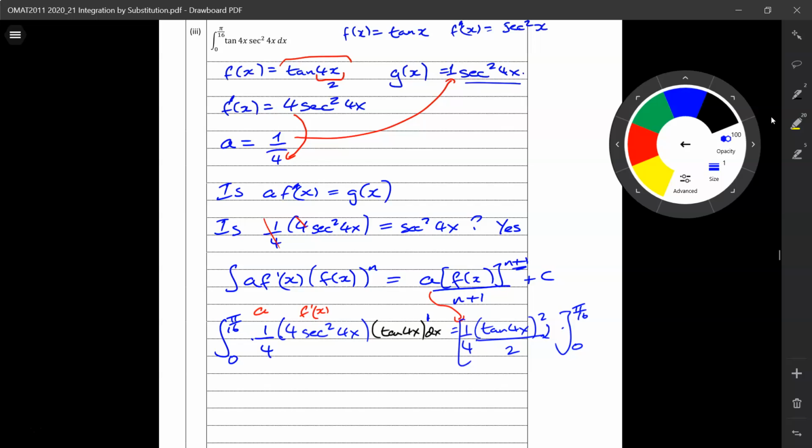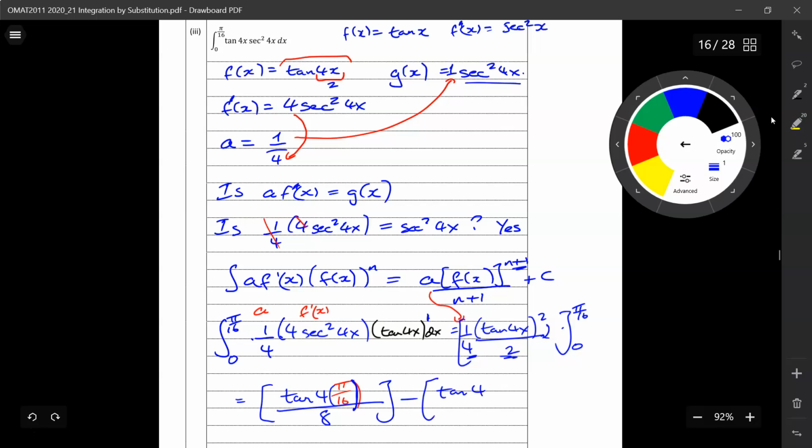So if we then do it bit by bit from lower limit to upper limit, that gives me the tan of 4 times the upper limit, pi over 16, divided by 4 times 2, 8, minus the tan of 4 times the lower limit, 0, divided by 8.